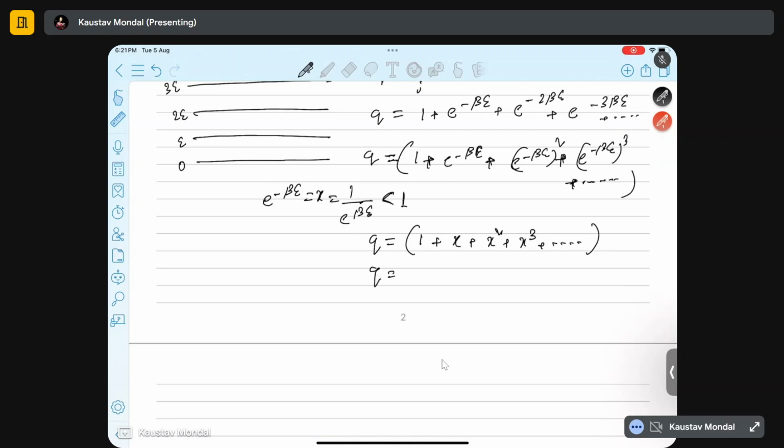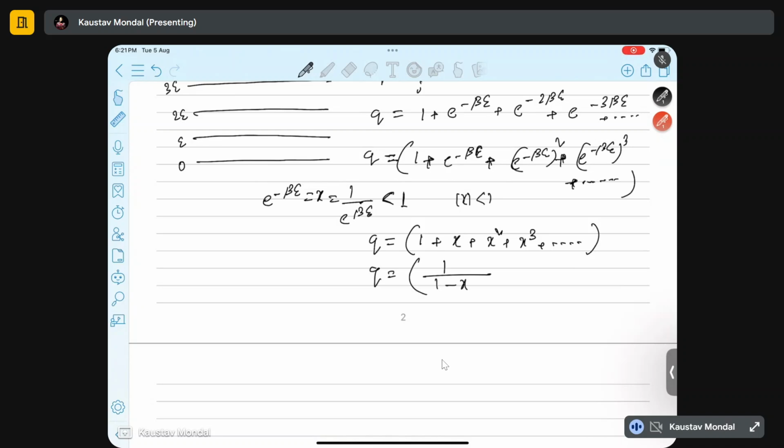So this means if the absolute value of x is less than 1, we can write this whole summation in a closed form. We have learned that this is a converging series, right? This infinite summation basically converges to a number. So by using that, we can write this series as 1 over 1 minus x.